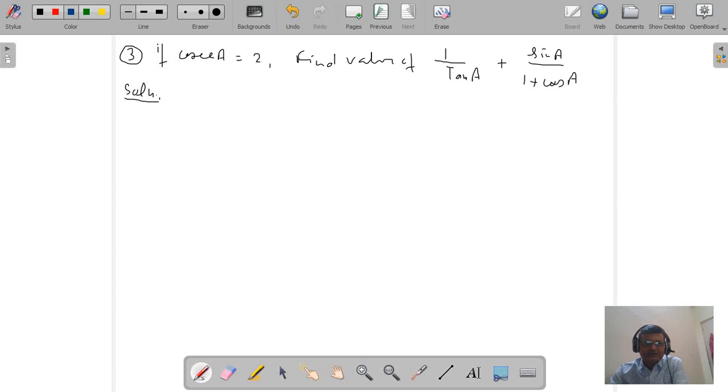So just see, this can be written as sin A is equal to 1 by 2. So we are making again a right angle triangle. Say this is A, this is B, and this is C, and this side is 1 and that will be 2. So this is going to be root 3.